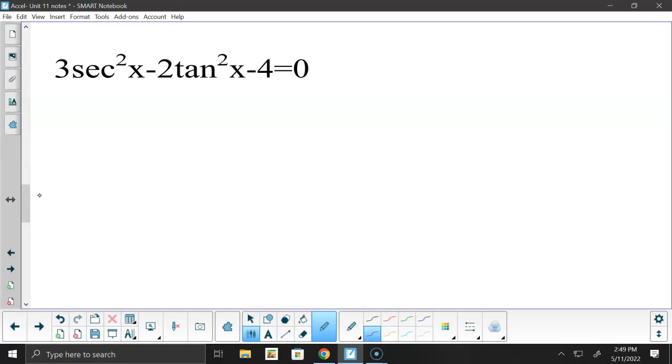All right, we ready? So I said we were using a Pythagorean identity. So which one are we using? Cool. So I'm actually going to replace this entire thing with 1 plus tangent squared.